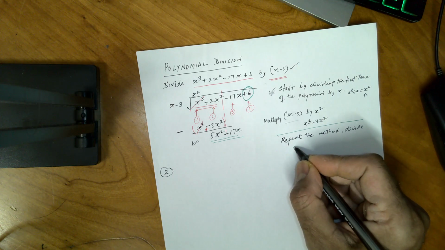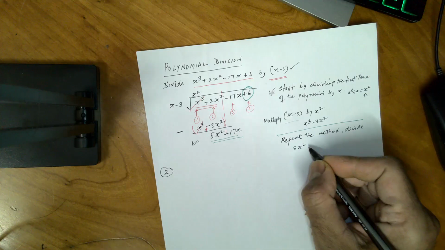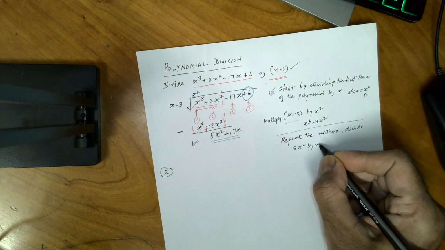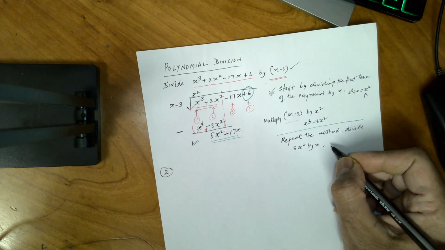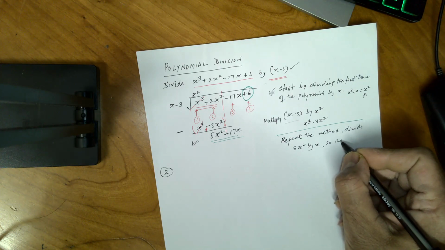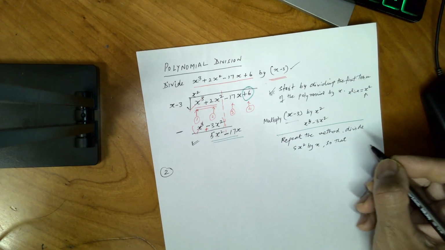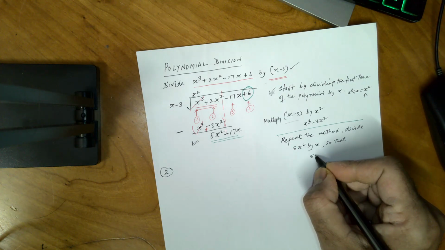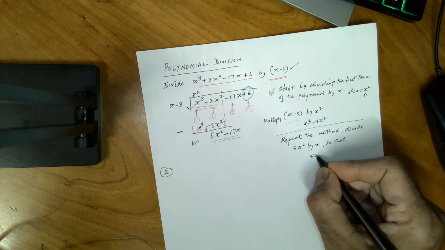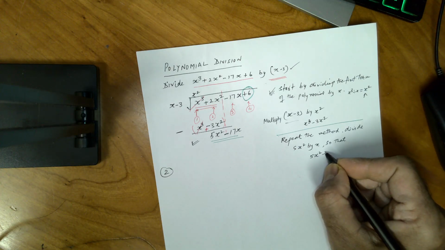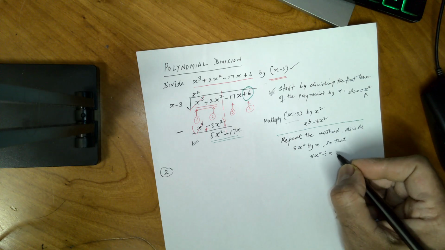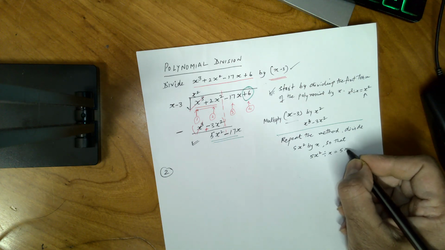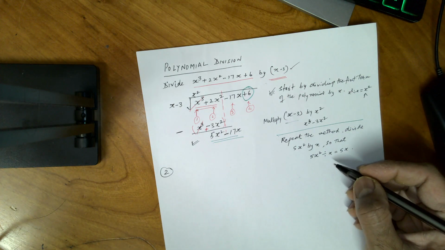Divide 5x squared by x. So what you have here is 5x squared, then you divide with x, and that will give you 5x.